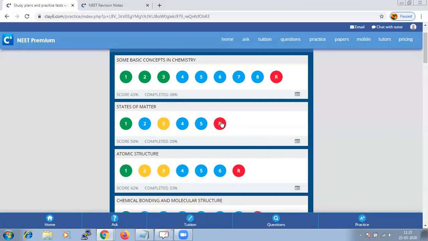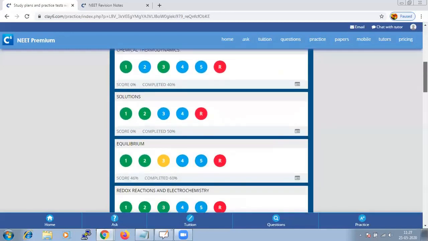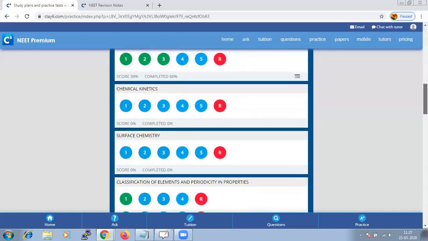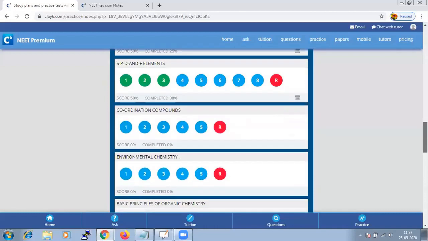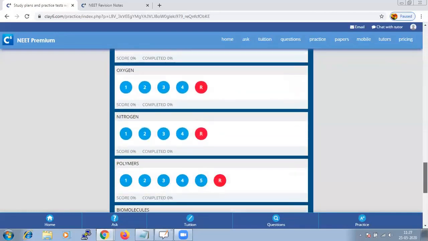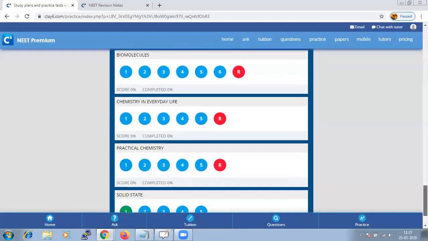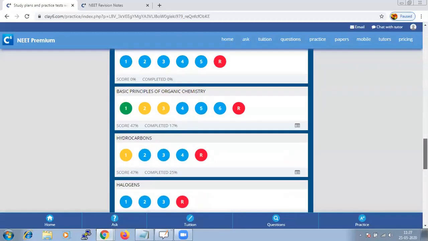R is a random test if you need any additional practice on the chapter. There is no hard and fast rule that one test can be taken only one time. You can take the test n number of times until you feel confident in all the answers of that particular test. Now let us try taking a test from the chapter Solution.